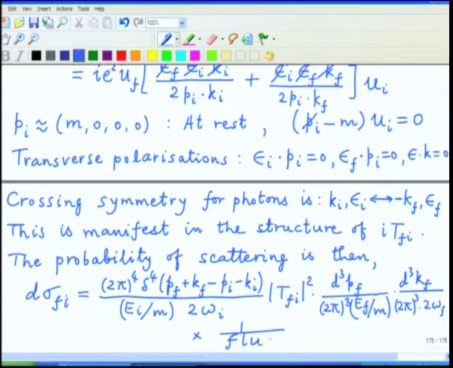And the last factor to include is 1 over the incident flux of the particles involved in this particular process, and I will continue with calculation of this flux and simplification of this scattering probability in the next lecture.